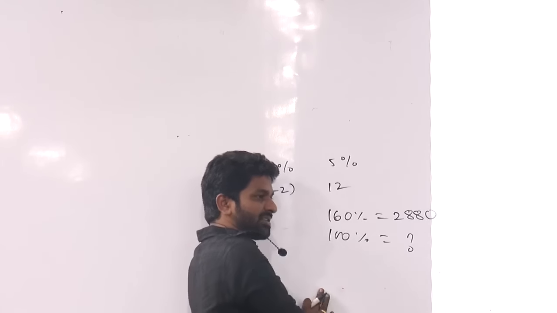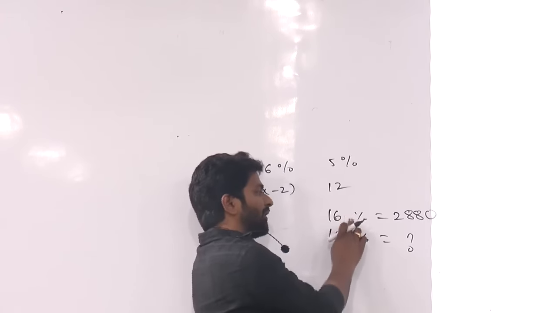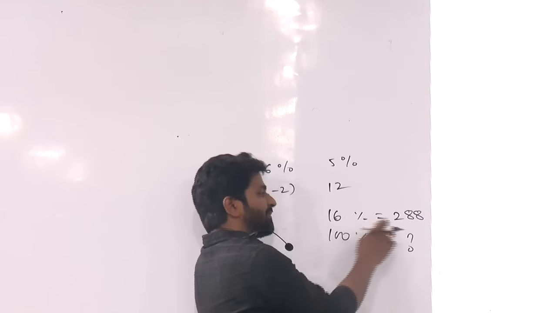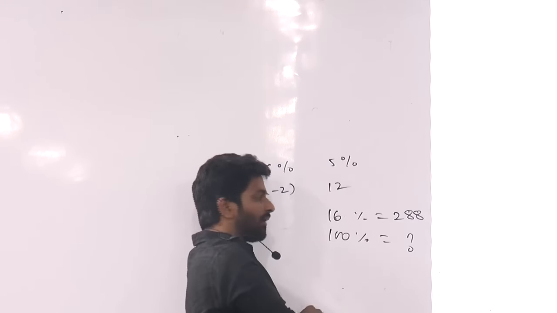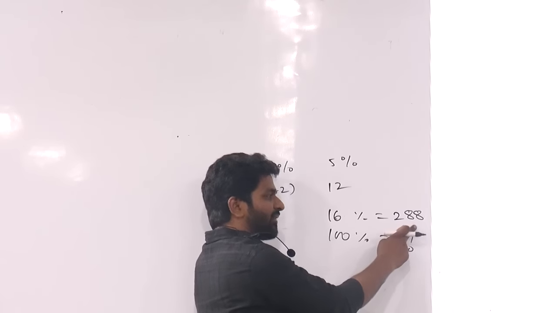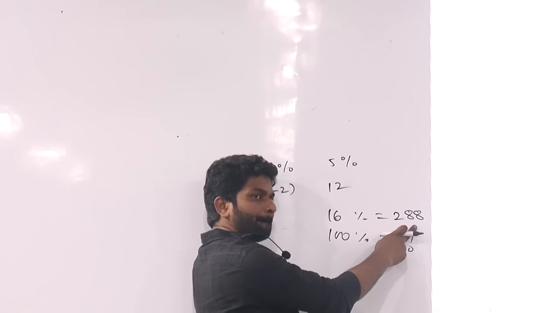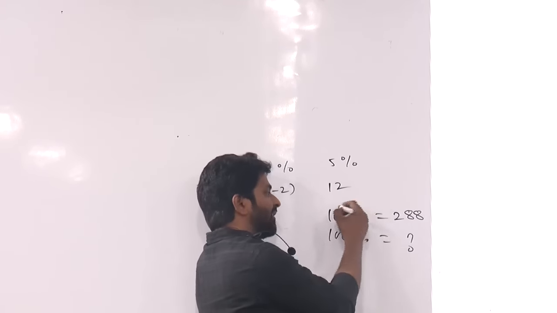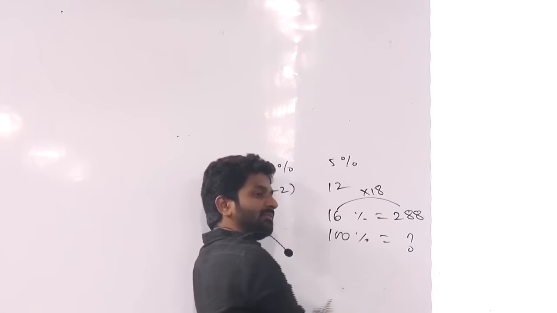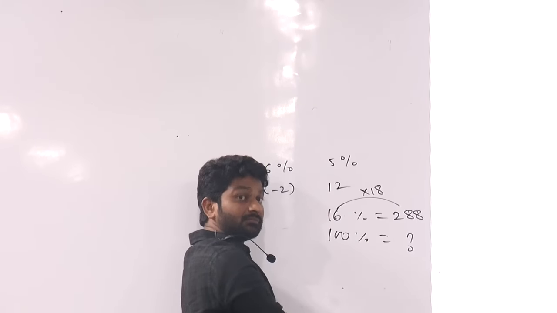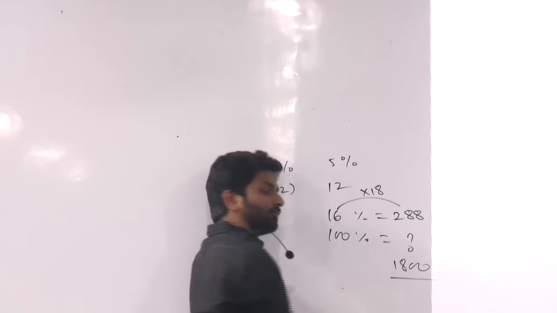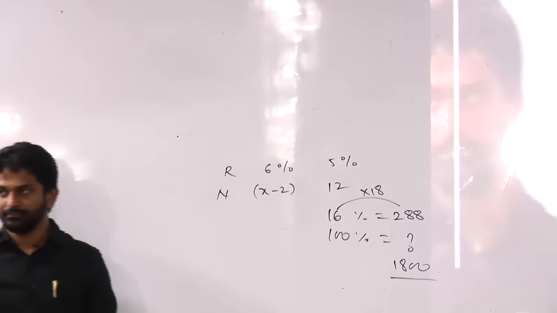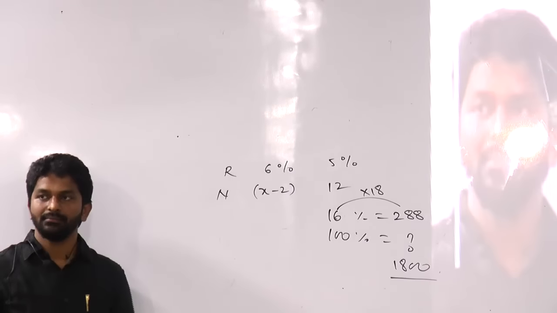Forget about 0. You can discuss that later. If 160% is 2880, 16% will be this much, right? Yes or no? Right. This is 17 square minus 1. In the sense 16, 18 times only, right? 1800.